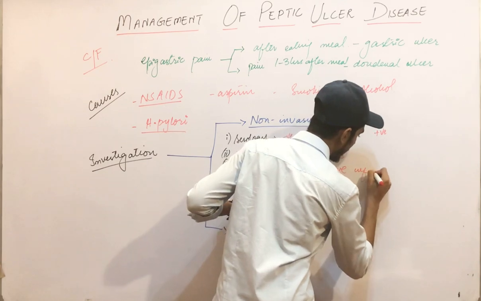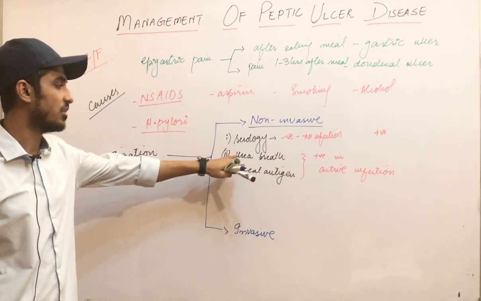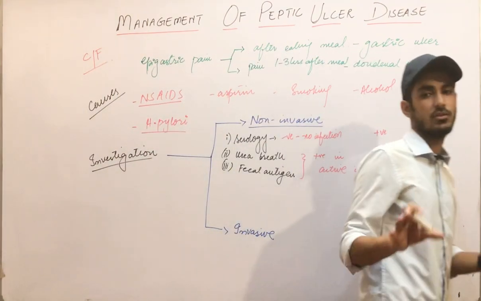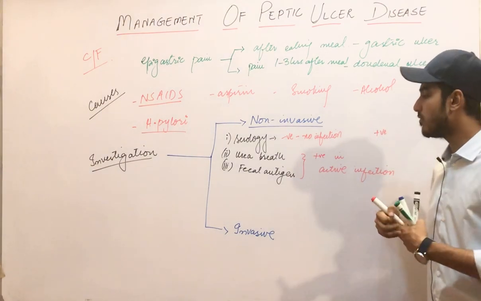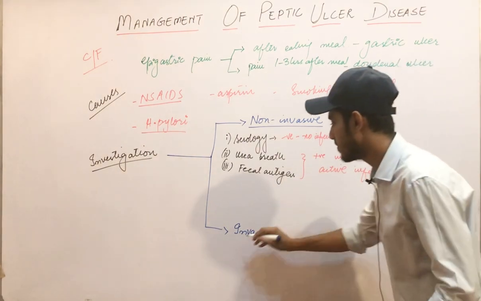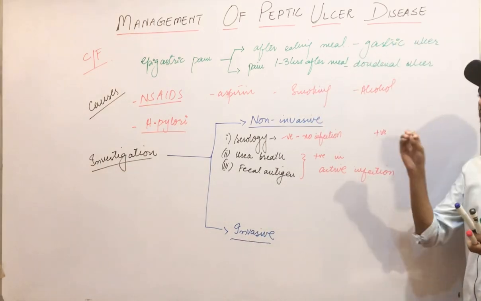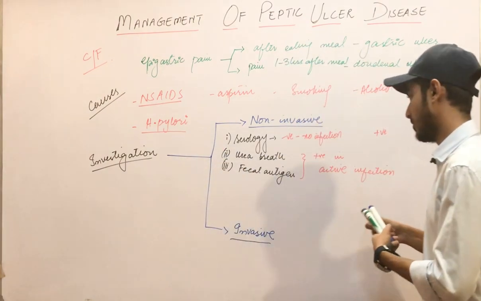When there is active infection, these two tests would be positive. Clear? So these are the non-invasive tests. Now we are moving on towards our invasive test. In invasive tests, one of the most important, that is the investigation of choice, is the endoscopic biopsy.